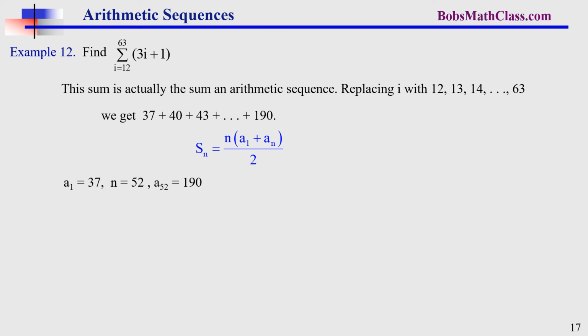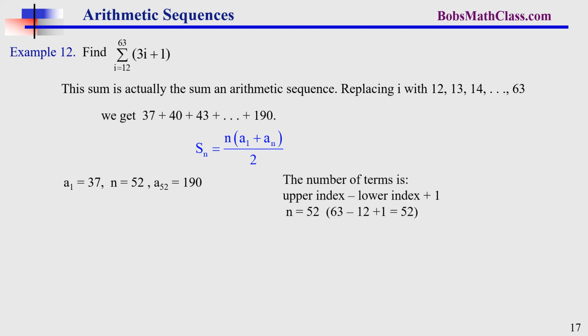So a1 is 37, n is 52, a52 is 190. Again, I got the 52 from 63 minus 12 plus 1. Plug everything into your handy-dandy formula. Then from there, insert it into your handy-dandy calculator, and you should get 5902.